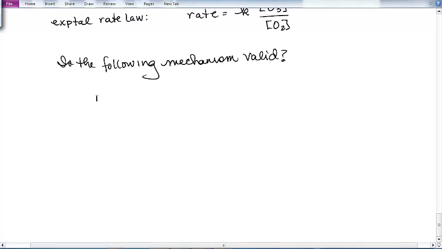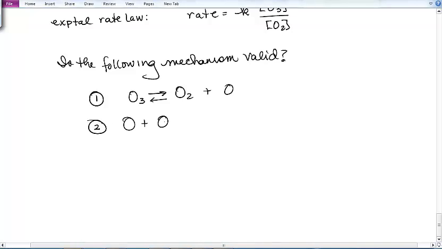And here it is. First step: an ozone molecule breaks up into oxygen and a free radical oxygen, and it turns out that this one actually ends up being at equilibrium. Second step: free radical oxygen bumps into another ozone molecule and forms two oxygens.